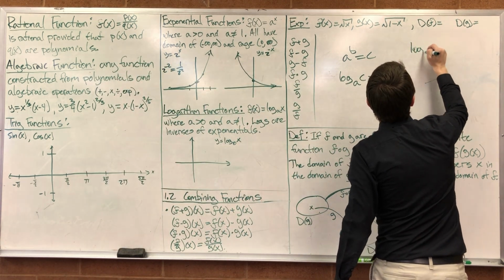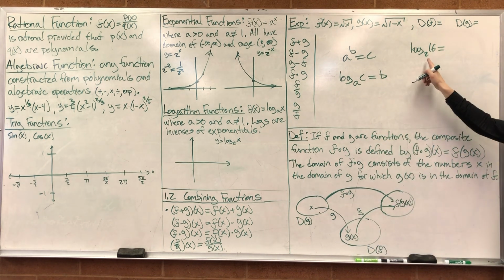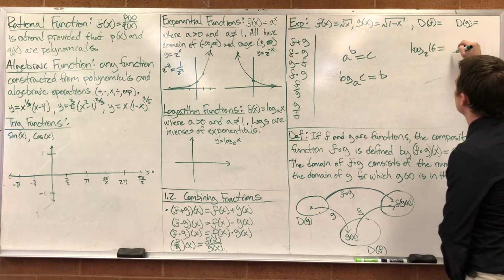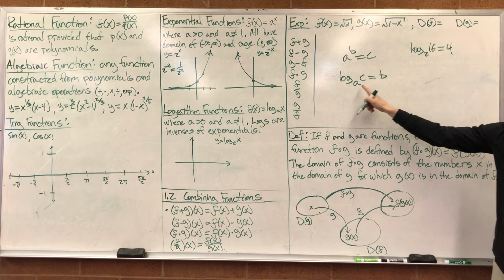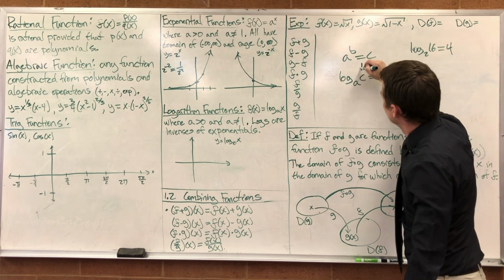If I'm doing log base 2 of 16, they ask the question, what power do I have to raise 2 to get 16? 4. Okay. 2 to the power of 4 equals 16. a to the power of b equals c. It's another way of writing this.